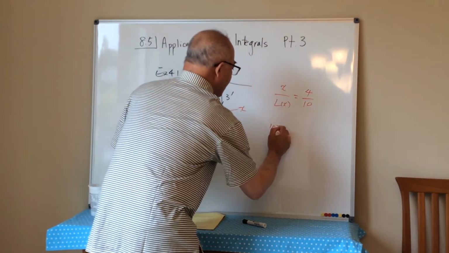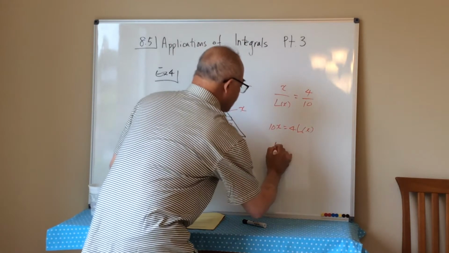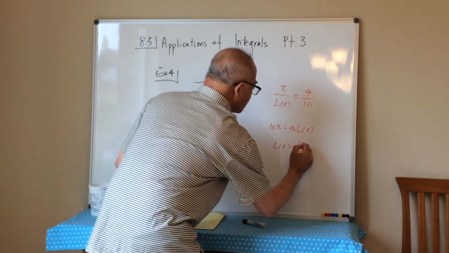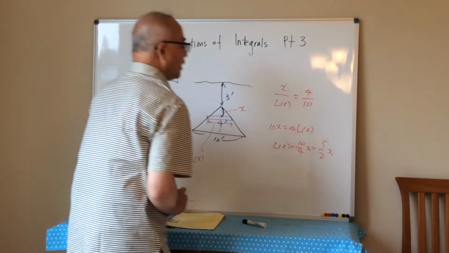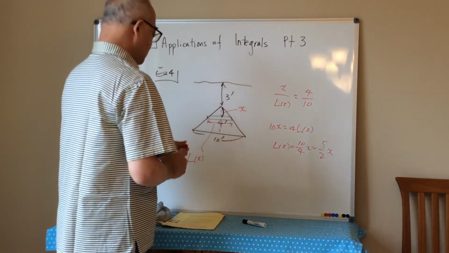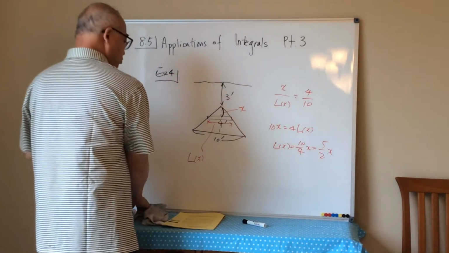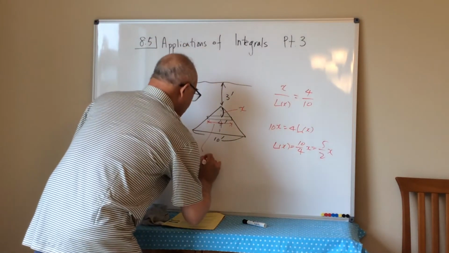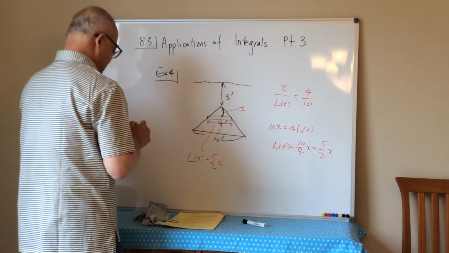So I'm going to get 10x is equal to 4L of x, which means that L of x is equal to 10 divided by 4 x, like such. Okay, so I found an expression for that. So let's go ahead and continue on. So L of x is equal to 5 over 2 x.